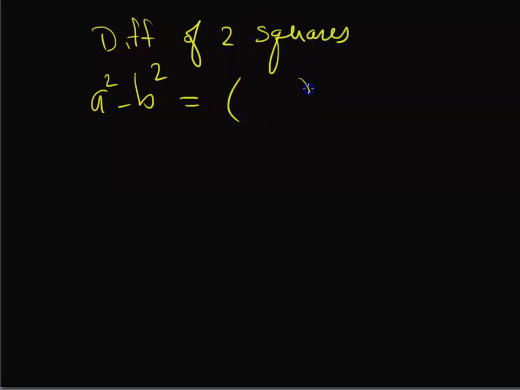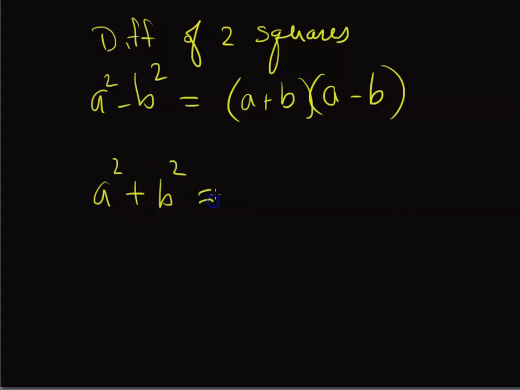And you factored that into the sum and the difference of their square roots. But you were always told you couldn't factor the sum of two squares. Well, if you allow for complex numbers, you can factor the sum of two squares, because now you can use the i to change that into a positive.